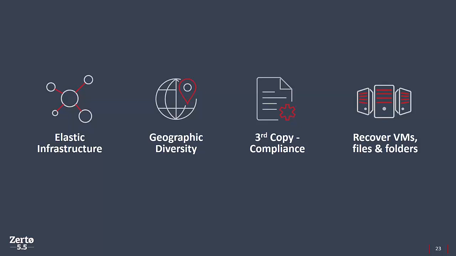So with that, I will give you an understanding of where we see things such as Azure playing a really critical role. One of the use cases that we see for our customers as that IT resiliency platform is giving you an elastic infrastructure.